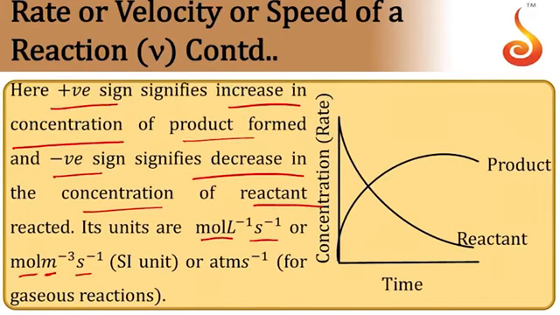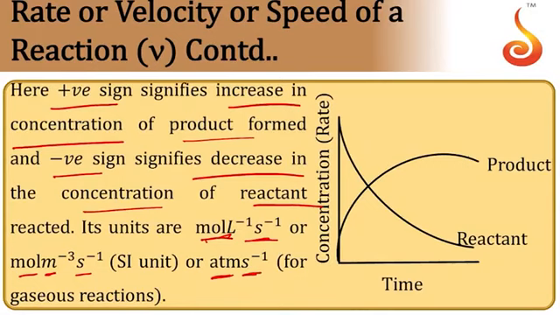If you have gaseous components, you use atmospheres per second. So for aqueous solutions, units are mole per liter per second, and for gaseous components, atmospheres per second is used to express the rate of reaction.